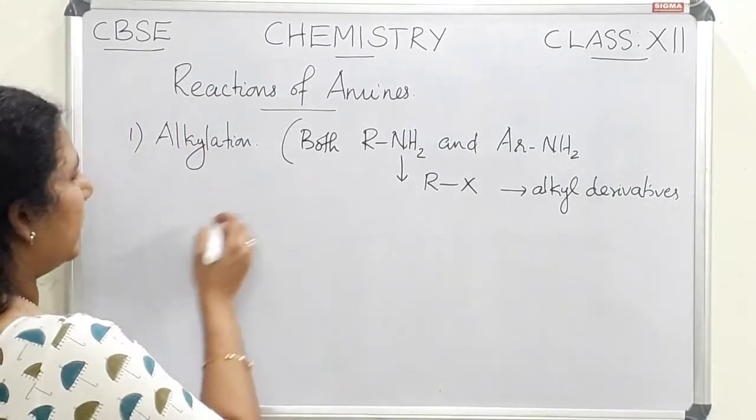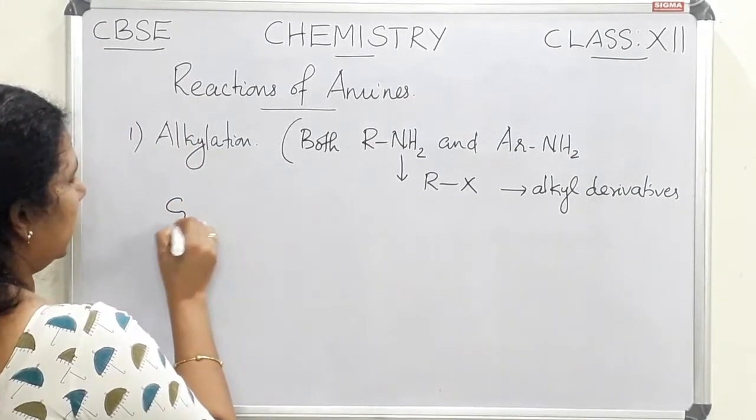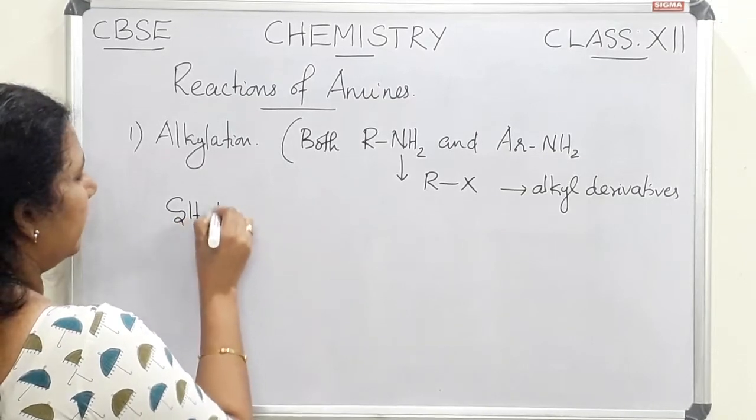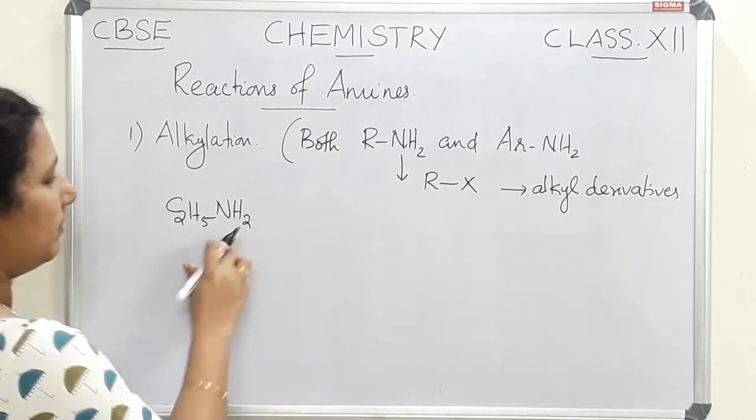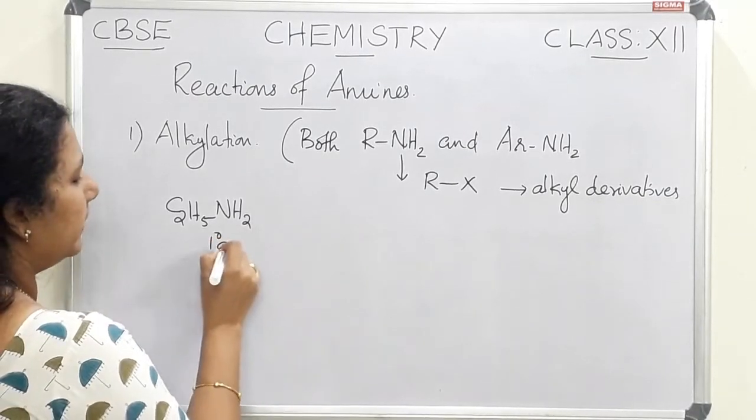So let's take one example. If C2H5NH2, this is an example of an aliphatic amine, and it is a primary amine.